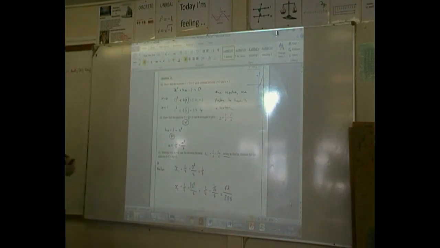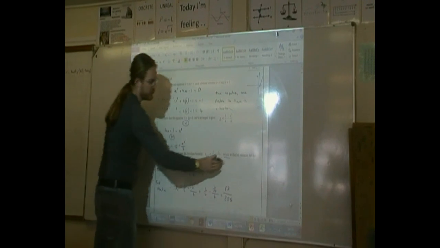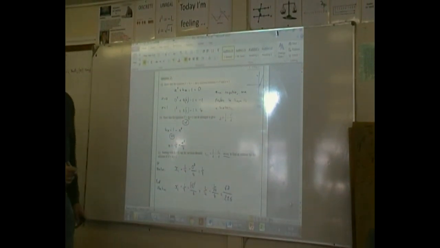Okay, and that is our second iteration. It only asks you to go through twice. Now, obviously, with iteration, you could keep going and get closer and closer to the correct answer, but you're unlikely to ever reach the exact answer unless you do it for a very long time.